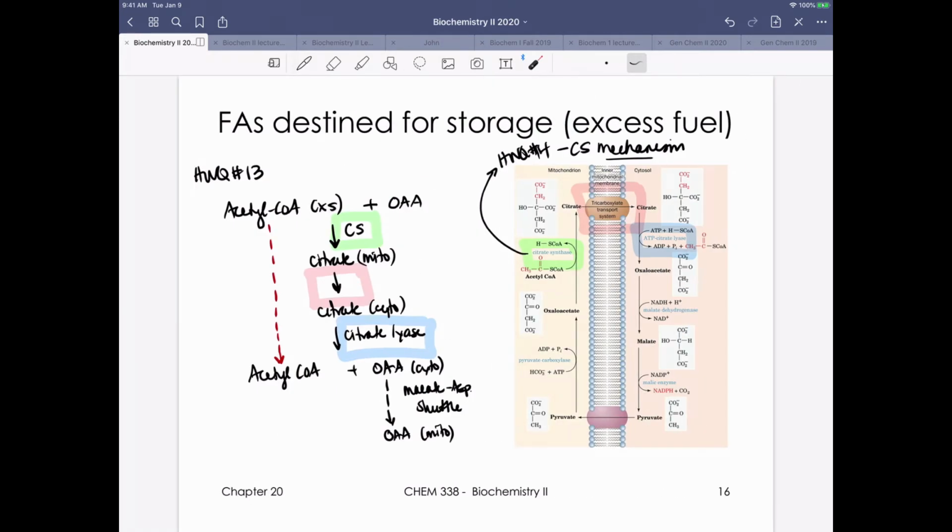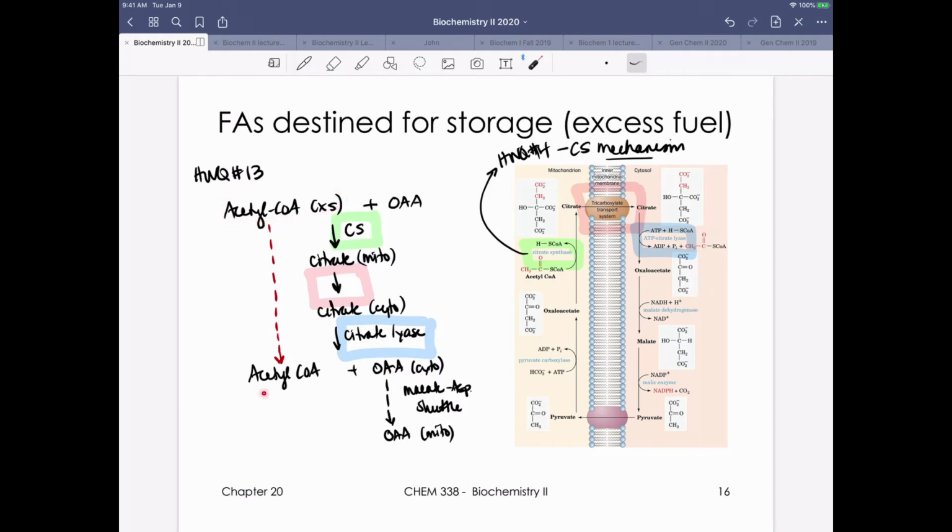All right. So homework question 13 and 14 deal with addressing how we get fatty acids destined for storage. If we've got excess fuel, how we get them where they need to go. So remember, if we have any excess acetyl-CoA, whether it's made from beta oxidation or from pyruvate dehydrogenase chemistry, it is going to live in the mitochondrion.